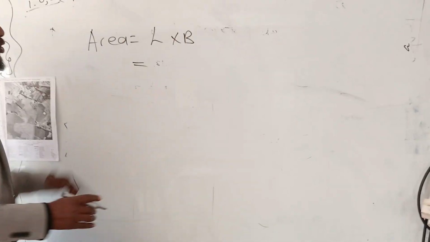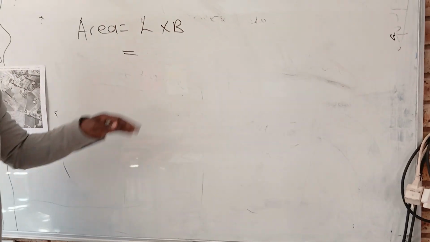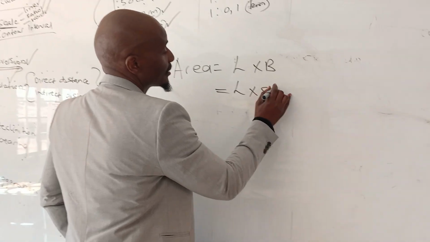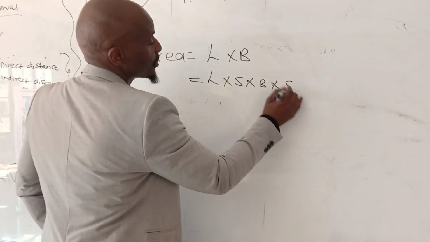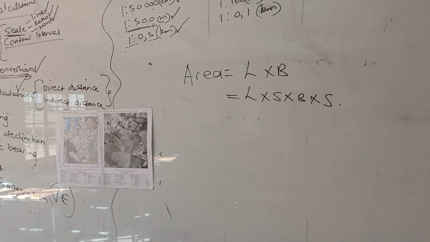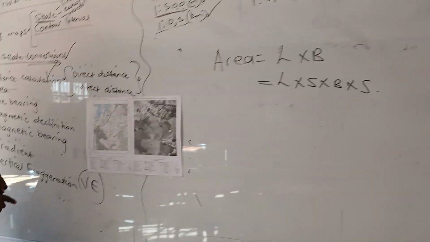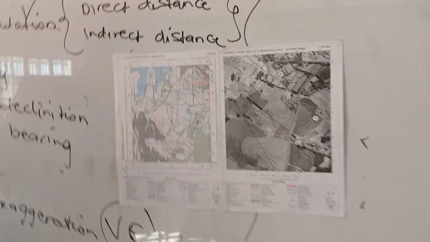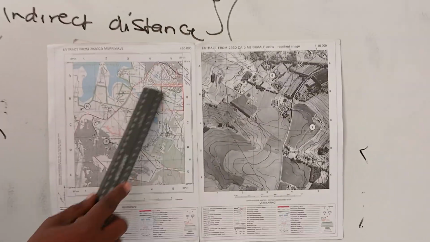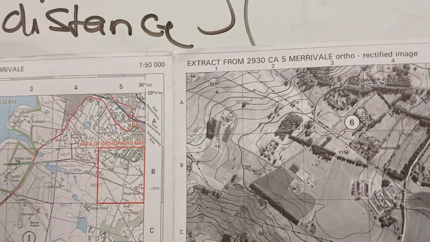However, normally in your question papers, you are given length and breadth, but you multiply your length times your scale times your breadth times your scale. Assuming a question asks you to calculate the area of the red box, which shows the area covered by the orthophoto map on your topographical map.